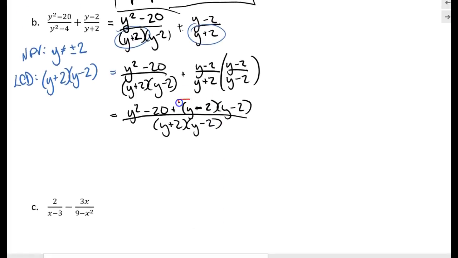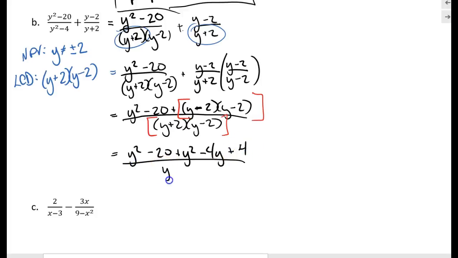From here, again, we're going to FOIL. So we get, and we can FOIL the denominator as well. And we can collect like terms.